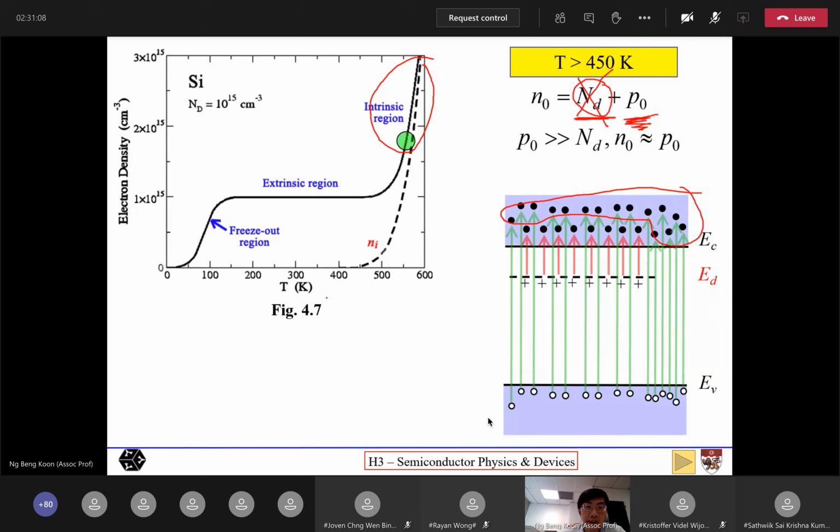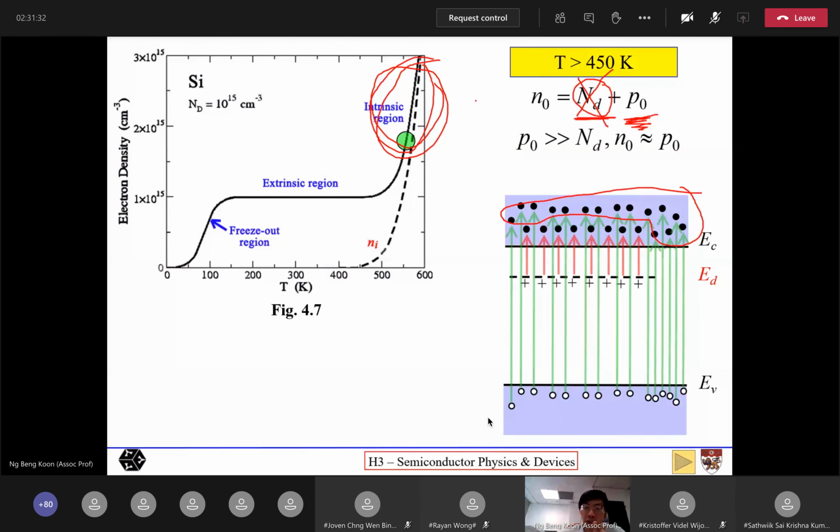It becomes so large that n naught and p naught become the same, and this becomes like a pure semiconductor again. Because if you look at a pure semiconductor, the number of electrons and the number of holes are the same. This would not be the regular n-type, p-type anymore. It sort of reverts back to pure semiconductor behavior.